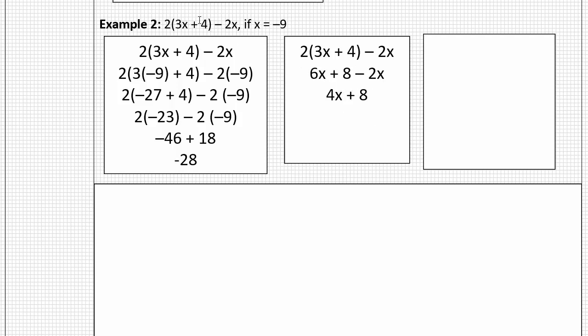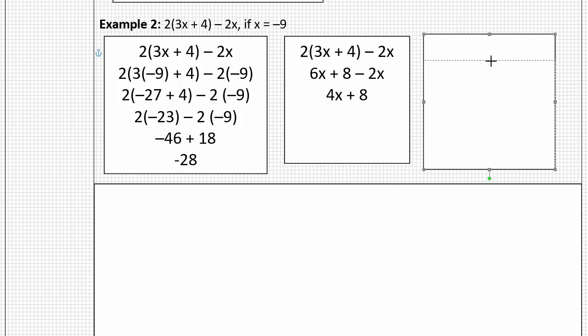So in problems like this, you could, as we practiced with the first 2 examples, copy them down as is. Everywhere you see the variable, substitute in the value, and then use our order of operations to calculate this down. And we did that right here, getting -28. But we could also use our skills of distributive property and combining like terms to first simplify this expression to its simplest form, as in here, 4x plus 8.